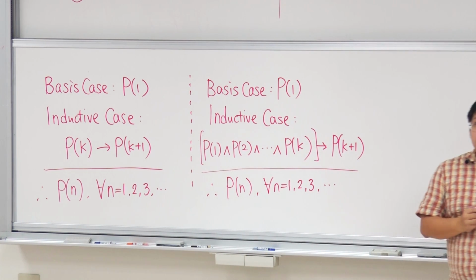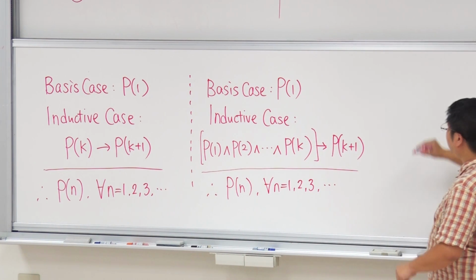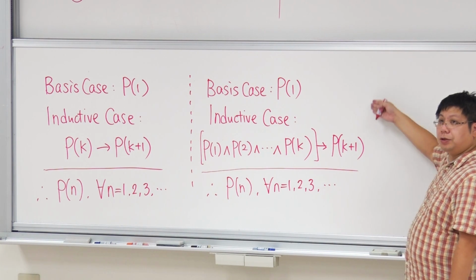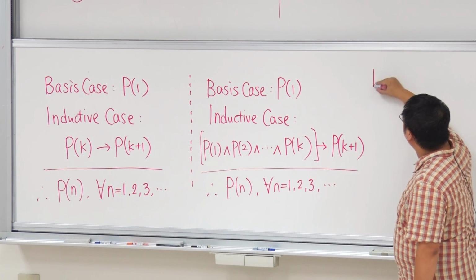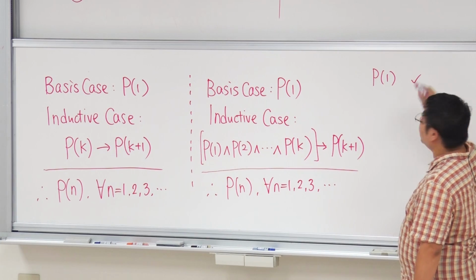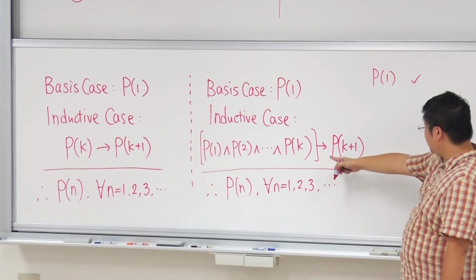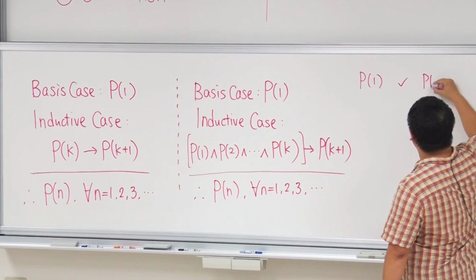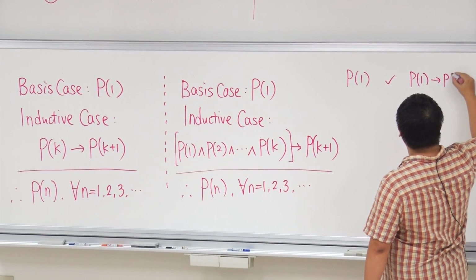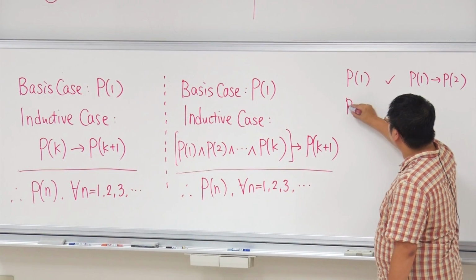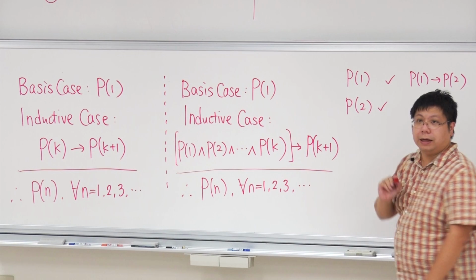What is the reason? If we have shown these two, then we will have P1, right? And then P1 implies P2, so we will have P2, which is also okay.